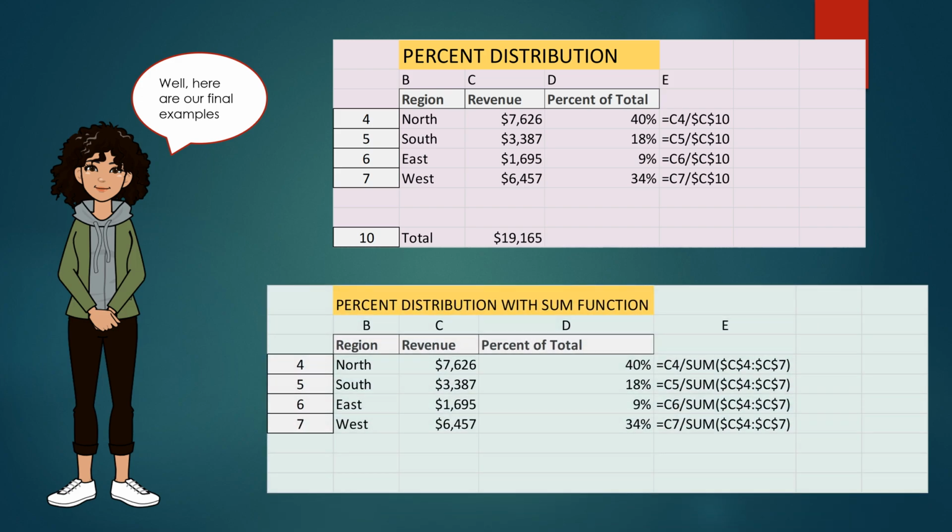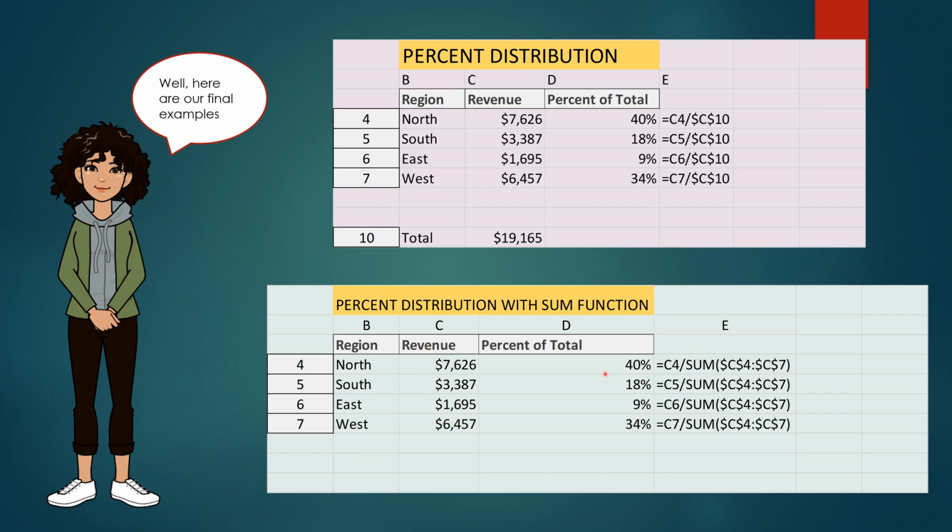Then, to calculate the percent distribution with the sum function, we'll select column C, which has the revenue, and then for the north region, we'll take cell C4 divided by the sum of all the regions that are present at that particular moment.